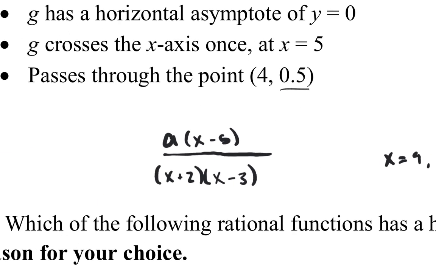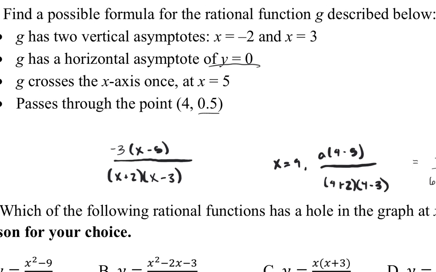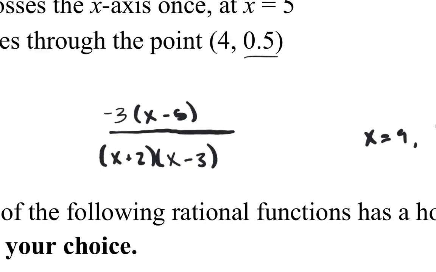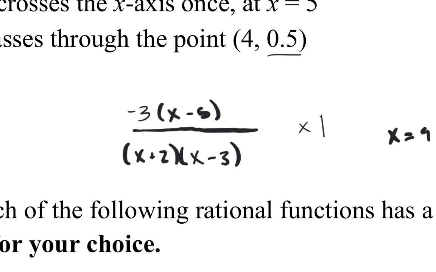So we now have a -3 in place of a. If we think about our horizontal asymptote now, of y equals 0, that means that as x gets large, we want this to approach 0.